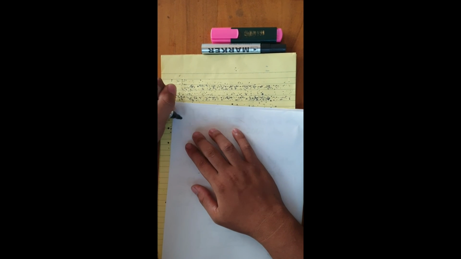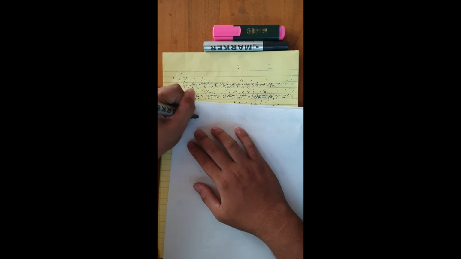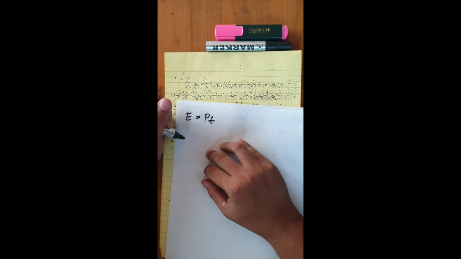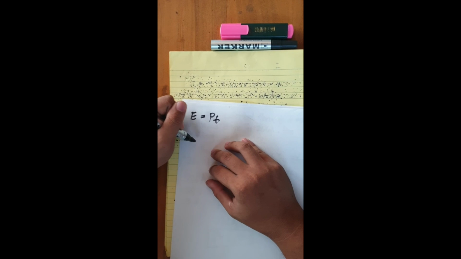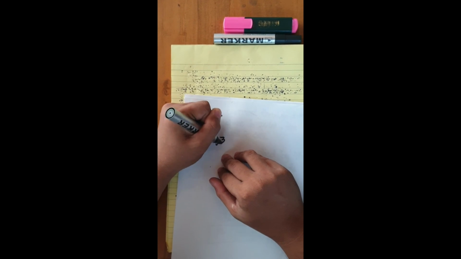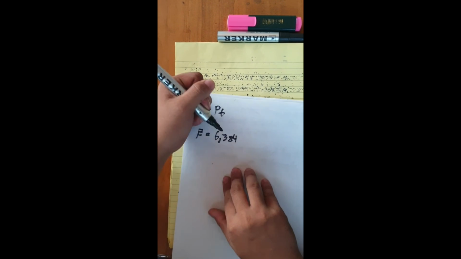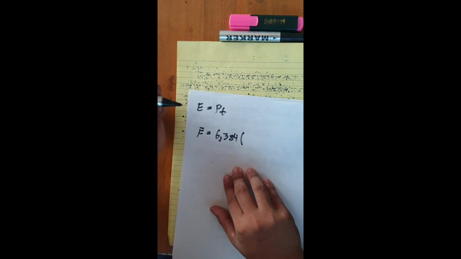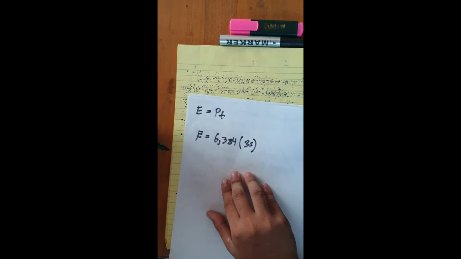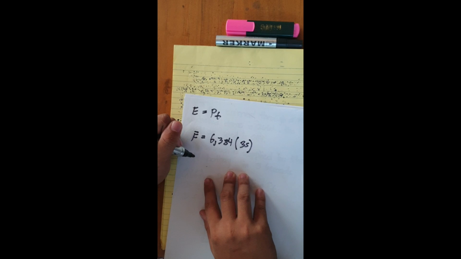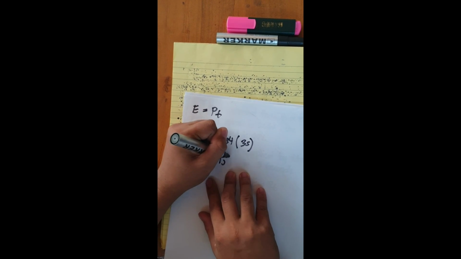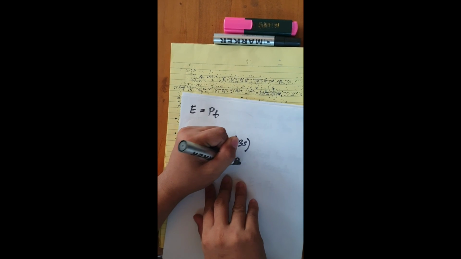The formula that we're going to use is E equals P times T. So we have now the value of our P, which is 6,384, times the time, which is the 3 seconds. We are going to have the result of E equals 19,152 joules.